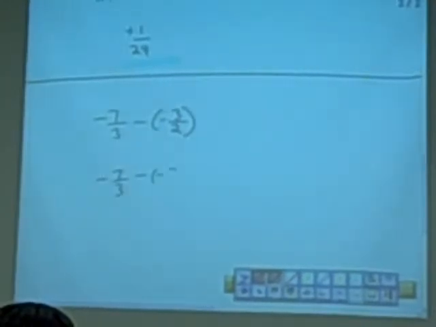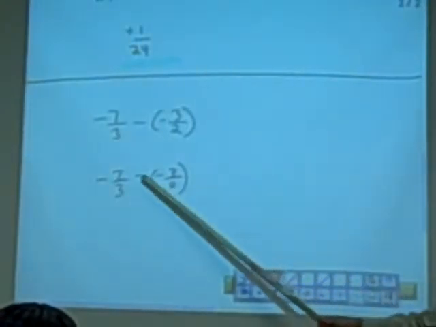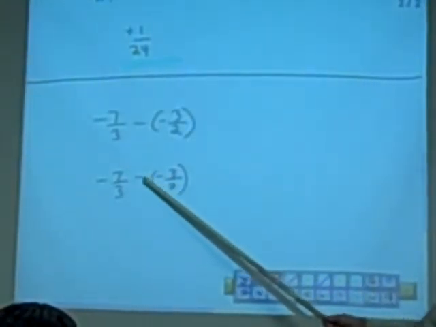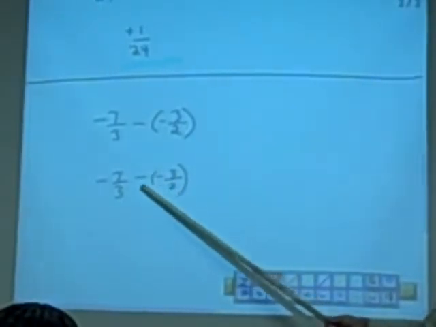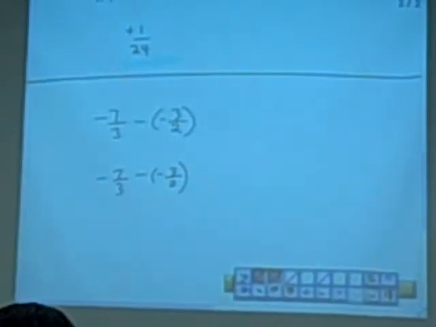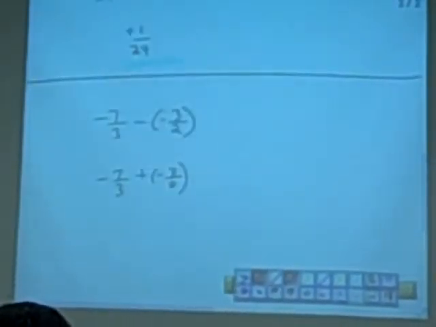Minus a negative 3 over 2. What can we do with that? Well, even before that, what can we do with these signs? Let's get these signs cleaned up. Plus, right? Change the minus sign to a plus. Change the sign of this next term.